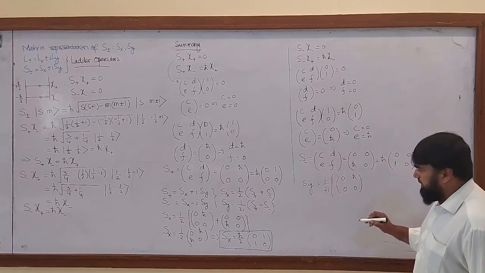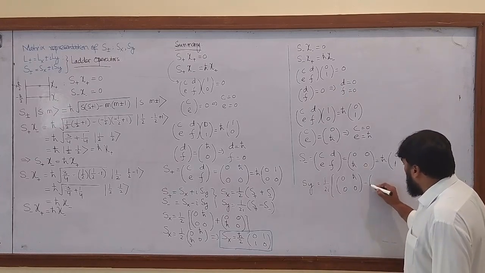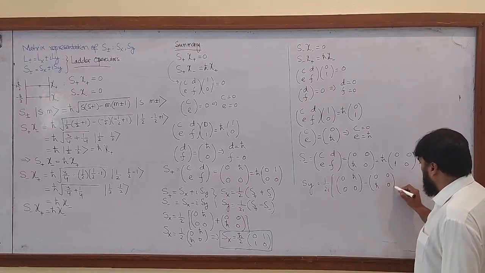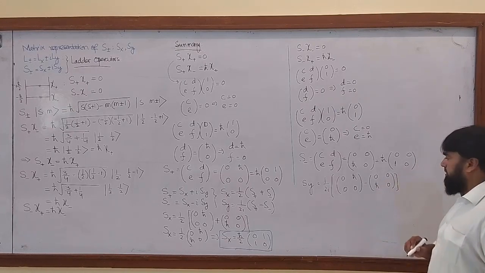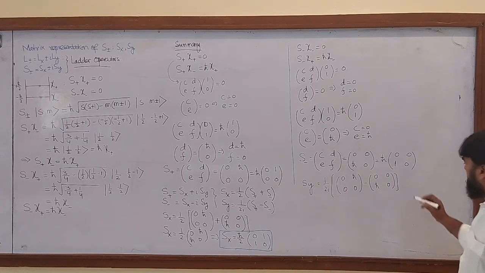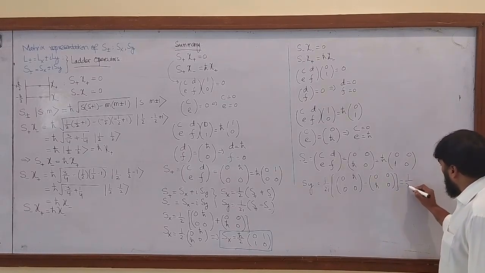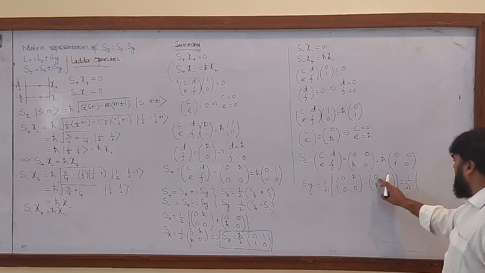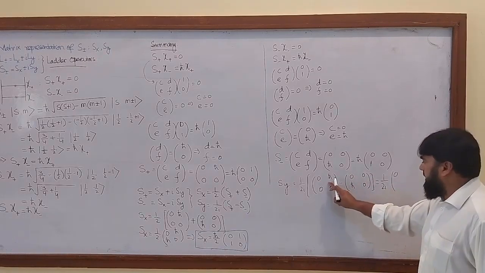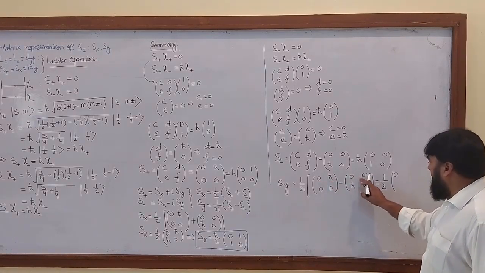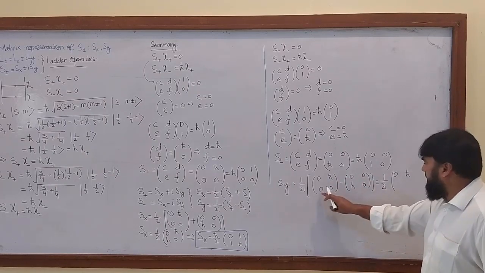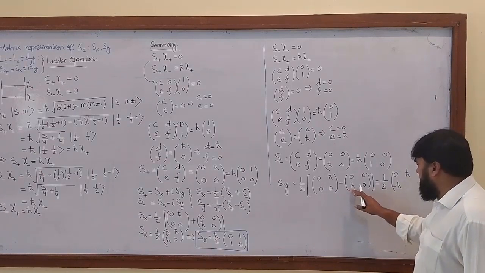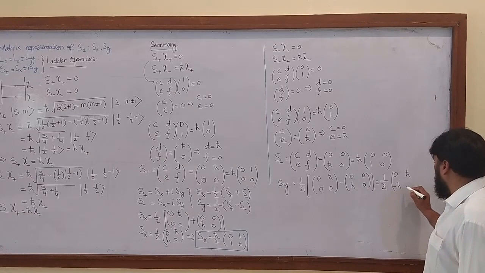This is S plus, and minus S minus is minus 0 0 h bar 0. Right? So do their subtraction. 1 over 2i, and then the matrix will be 0 minus 0 is 0, then h bar minus 0 is h bar, 0 minus h bar is minus h bar, and 0 minus 0 is 0.